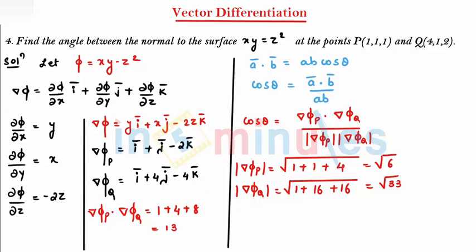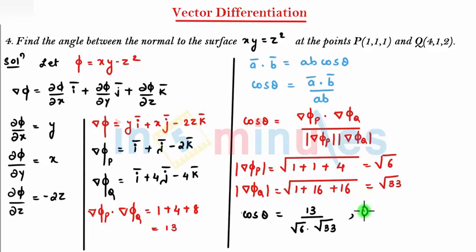Once you substitute here, cos theta is equal to the dot product, which came to 13, divided by root 6 into root 33. So that's my cos theta.